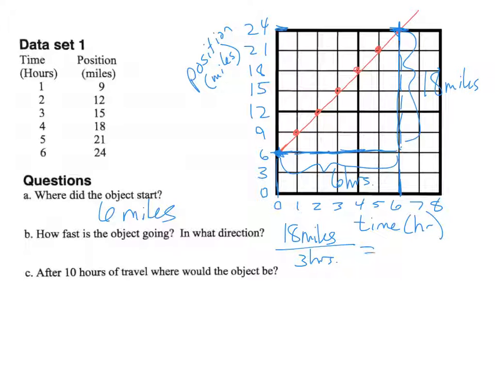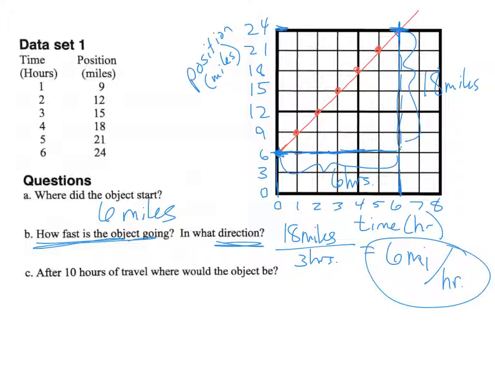What does that equal? Well, last I checked, that's 6 miles. Yeah, I guess I'll do that. Miles per, or for every, hour. That is how fast.